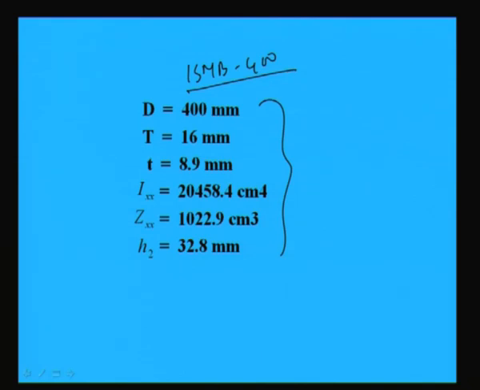Like D, we know what is D, what is T in an I section. D is the overall depth, so that is given as 400. Now T is the thickness of flange, and small t is the thickness of web, that is given as 8.9, and thickness of flange is given as 16.